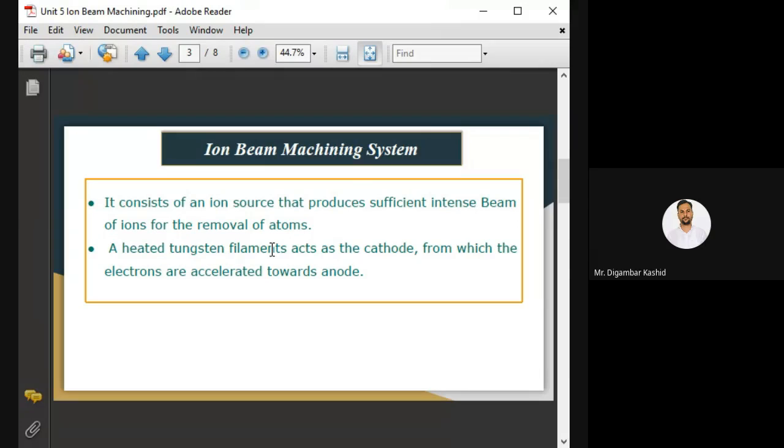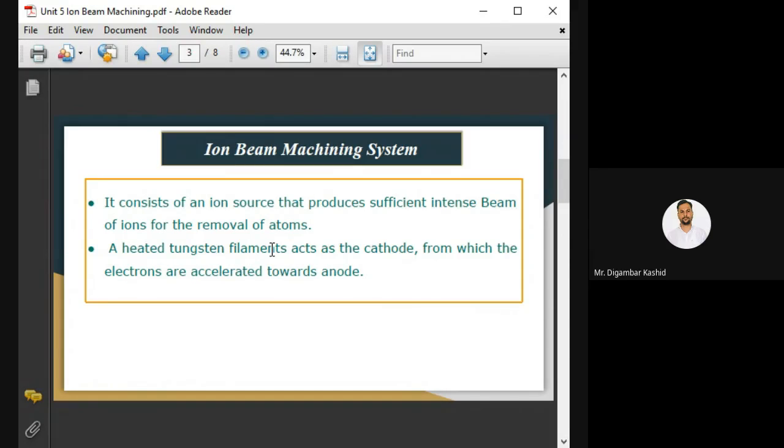Because we want the charged ions, we need a source, that is called the ion source, that produces a sufficiently intense beam, with an acceptable spread in its energy, for the removal of atoms from your workpiece surface.